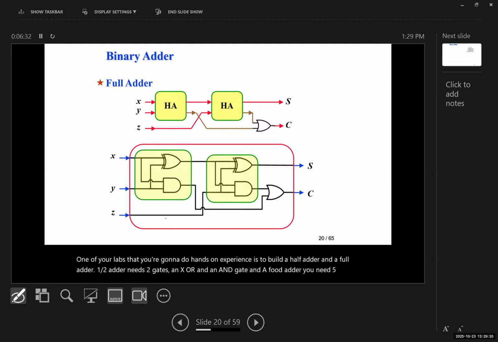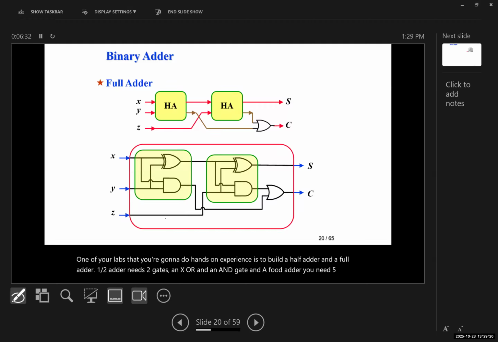Now, we also have unsigned binary numbers, and we have the 2's complement numbers. For the unsigned binary numbers, we can just use a normal adder. For this example, it's a 4-bit by 4-bit, so we would have 4 full adders, and at the end, we want to have the carry.